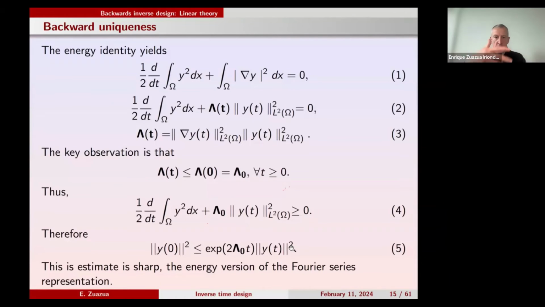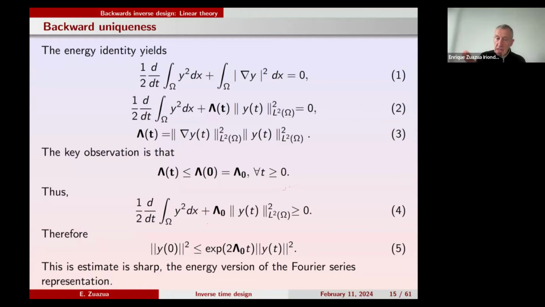This can be viewed as a logarithmic interpolation inequality, and therefore it has a nonlinear nature. When you look at this inequality in Fourier series, you see that it says exactly what you observe in the Fourier series representation. So it's an energy way of recovering and extending the estimates that the Fourier series provides.